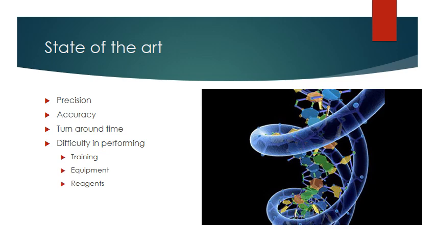So obviously with precision, you're always going to get the same result if you test with the same molecular tag. That 100% of the time you're going to get the same result. Accuracy, you're going to know that the result is correct.